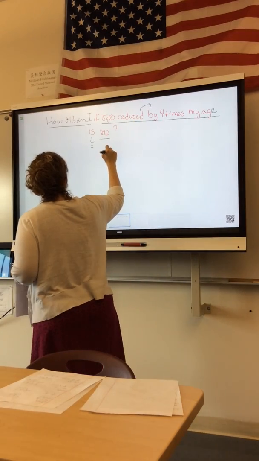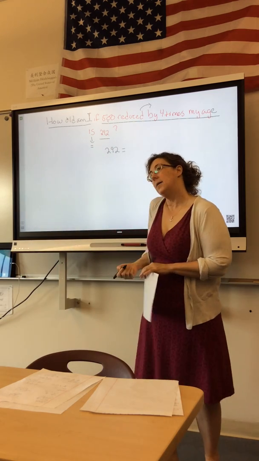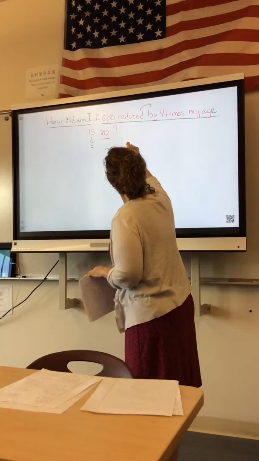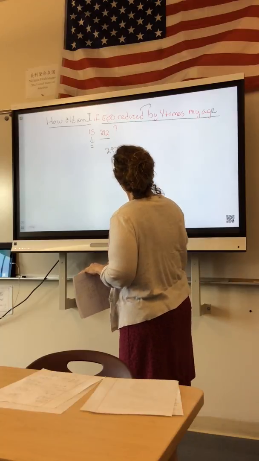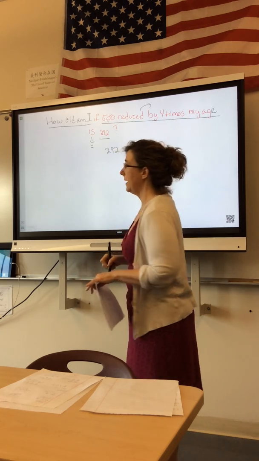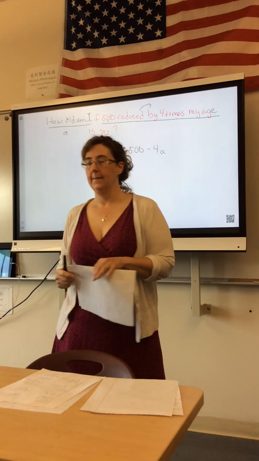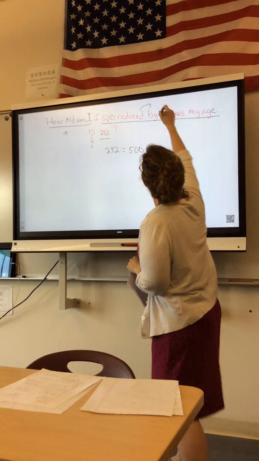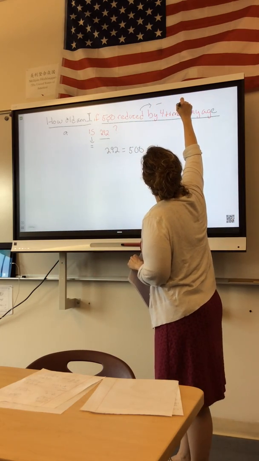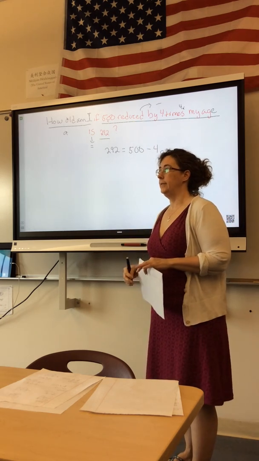My ending amount is 292. My starting amount is 500. And I'm going to reduce 500 by 4 times my age. And I'm going to make my age be my variable a. I just wrote an equation.